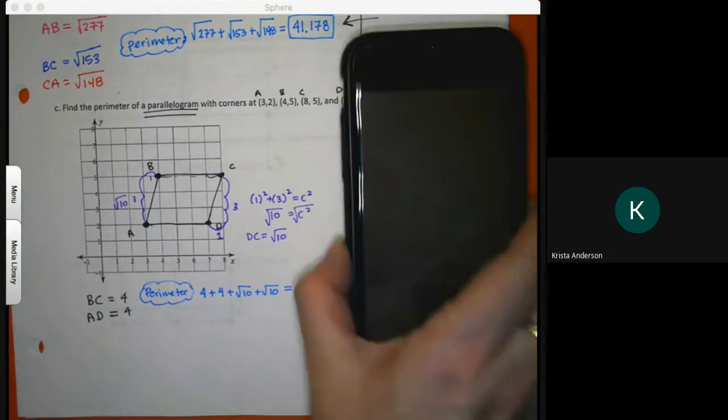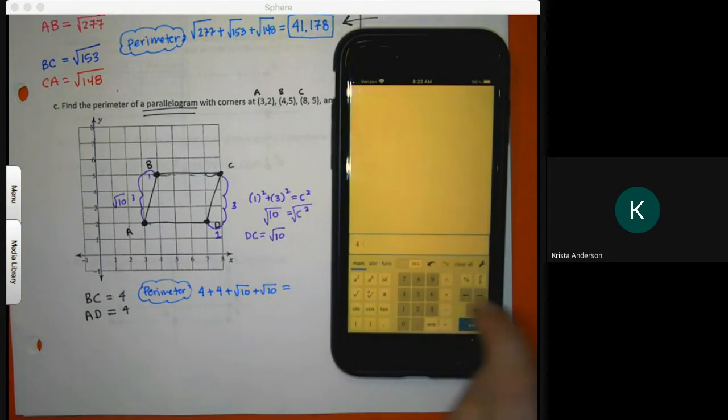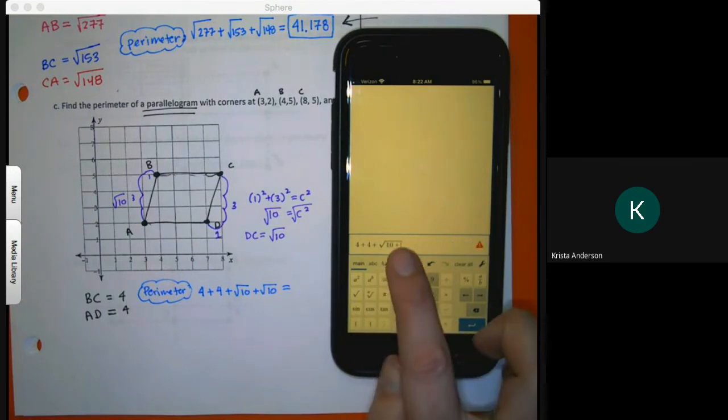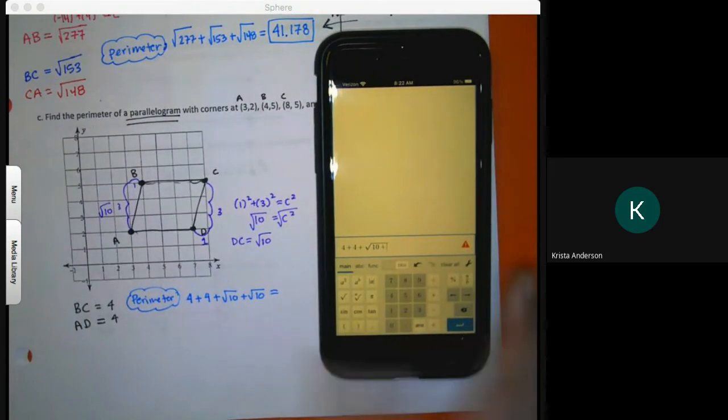I'm going to see what that equals. 4 plus 4 plus root 10 plus, whoops, that was wrong. See how my root went over the plus sign? I don't want that, so I need to arrow over. There we go.